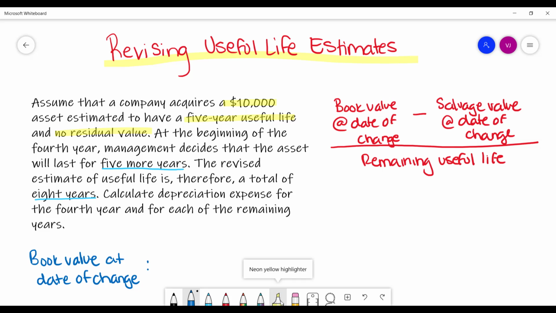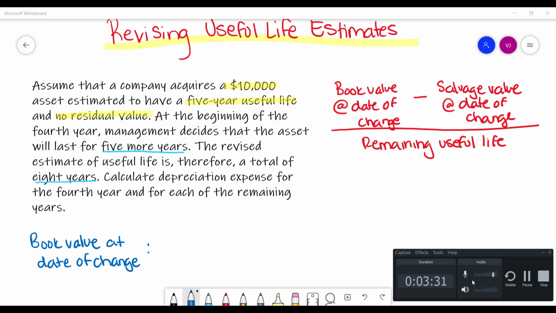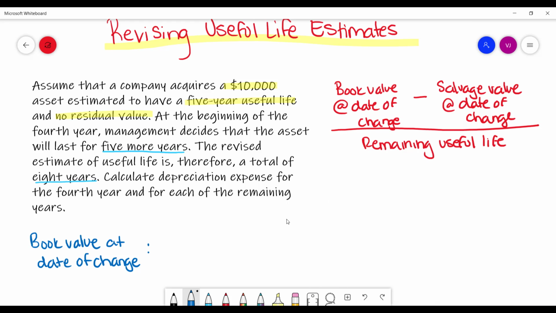So remember, we're 3 years in. So in this case, we'd want to look at how much is left on the books of this asset on this date with their estimates so far. And here for sake of illustration, we're going to assume the use of straight line depreciation.